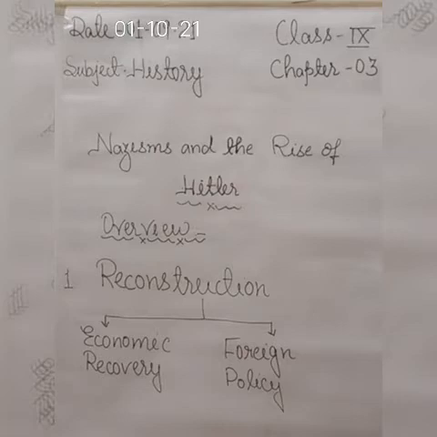So students, on the basis of the above explanation, you can understand how Hitler increased his power. So today's topic is reconstruction. First of all, we will discuss the economic recovery done by Hitler with the help of an economist whose name was Hjalmar Schacht.